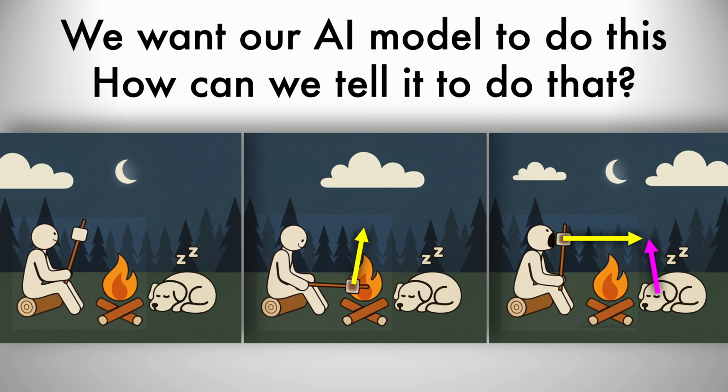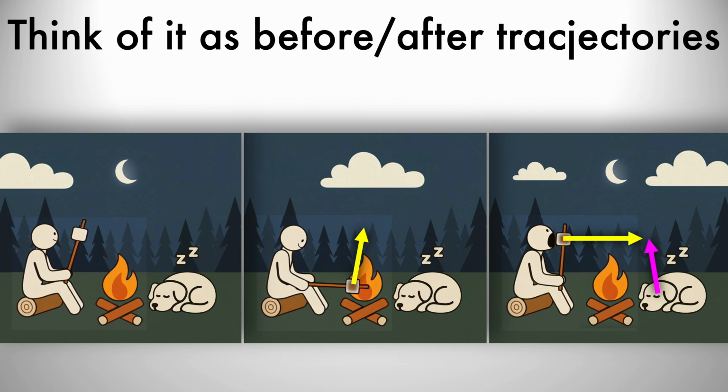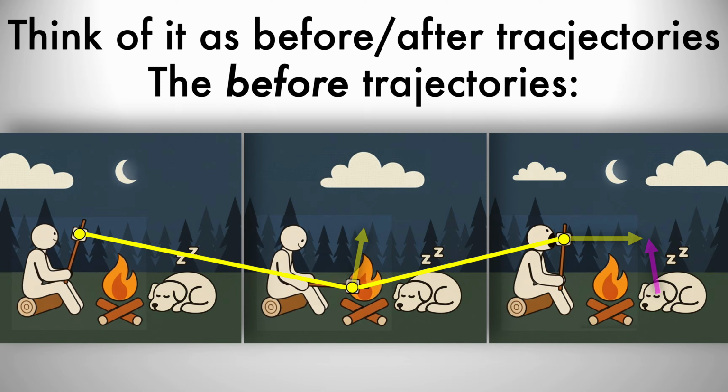So if we want our AI model to do that, we have to tell it that somehow. And so we can think of this as before and after trajectories. The before trajectory, in yellow, tells you where the marshmallow was before the edit. And this purple trajectory tells you where the dog's head was before the edit.